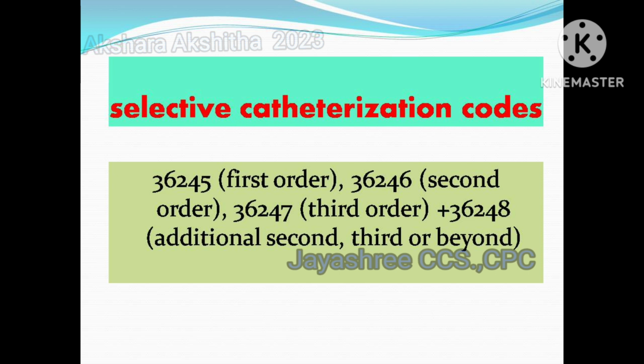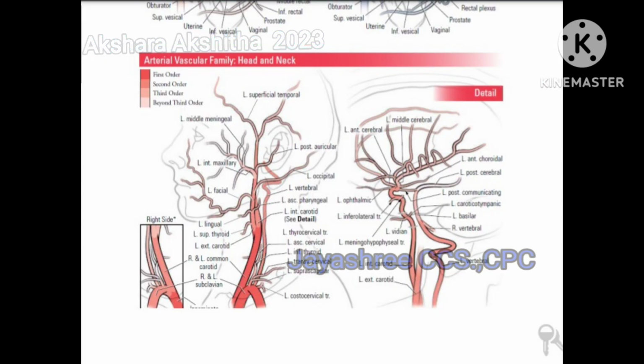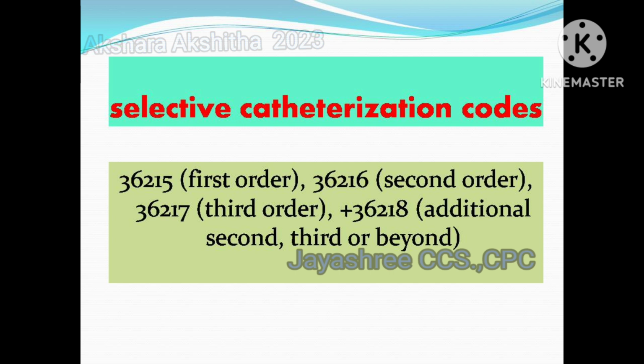Why are there two codes? That identification I will tell you. What are the arteries or veins above the diaphragm? Those arteries are considered as 36215, 16, 17, 18 CPT codes.